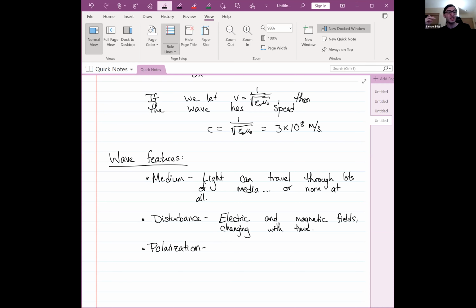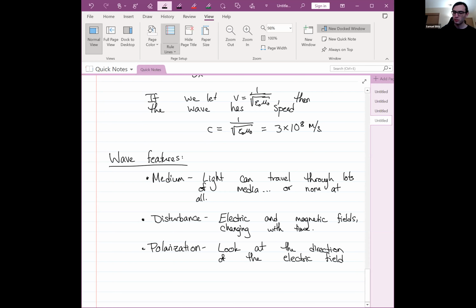In this case, we ask, what direction does the electric field change in? And so we look at the direction of the electric field, and the electric field is a vector, so it has a direction. And we call that the polarization, while it's oscillating, of course.